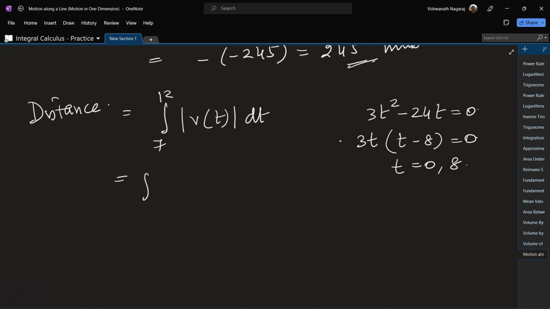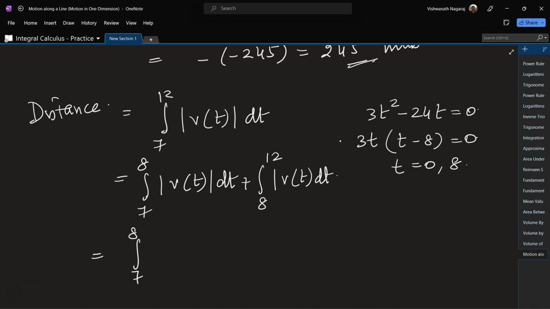So that means this is going to get split into 7 to 8, absolute value of V of t dt, plus 8 to 12, absolute value of V of t dt. Okay. Now let's integrate this. Okay, before we integrate, let's actually write the expression: integral of absolute value of 3t square minus 24t dt plus integral from 8 to 12 of absolute value of 3t square minus 24t.